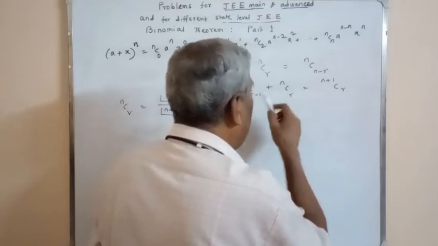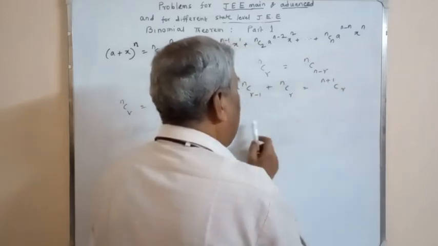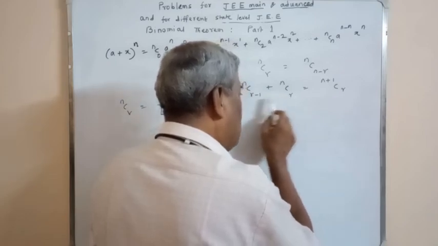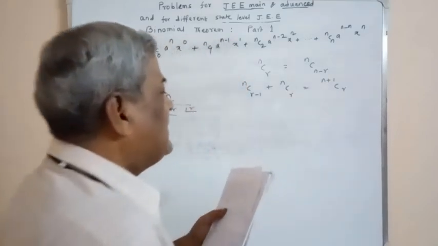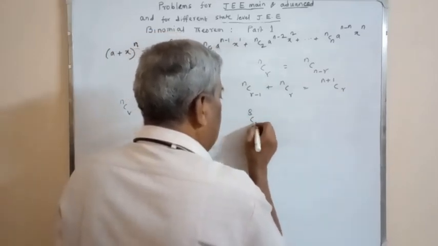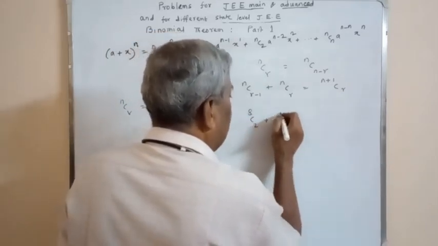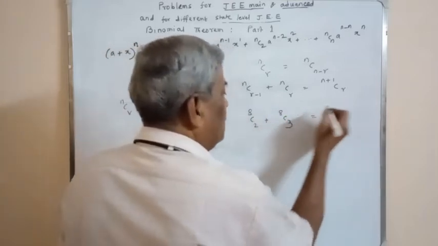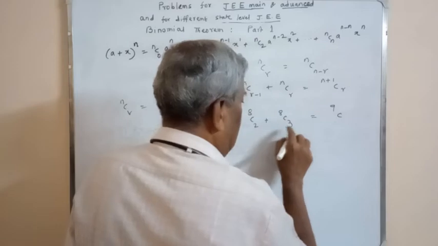Then the upper suffix will be increased by 1, and the lower is taken as the larger between the two. For example, 8C2 plus 8C3 is equal to 9C3.